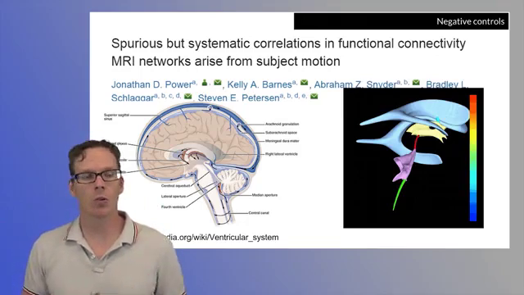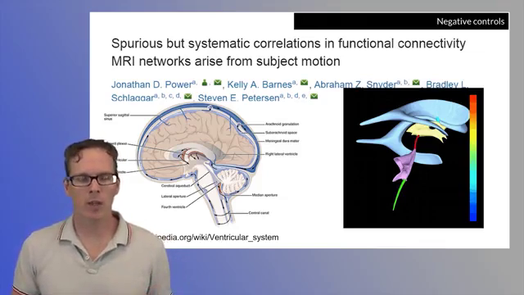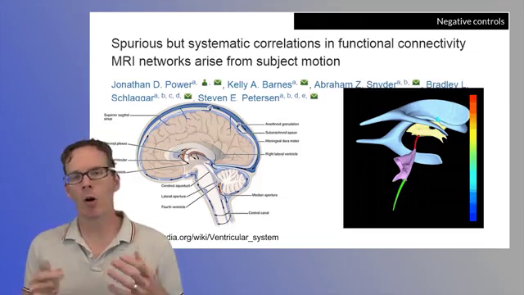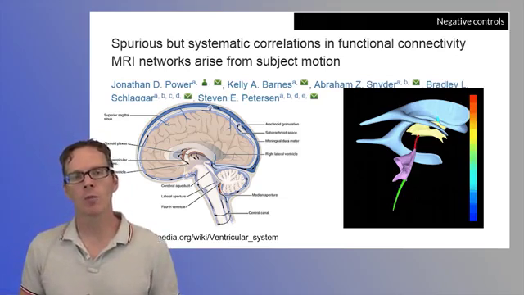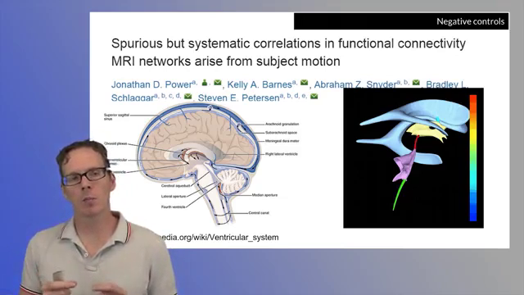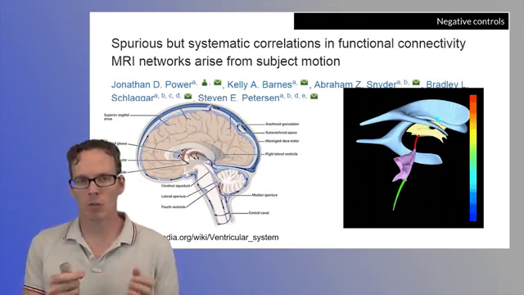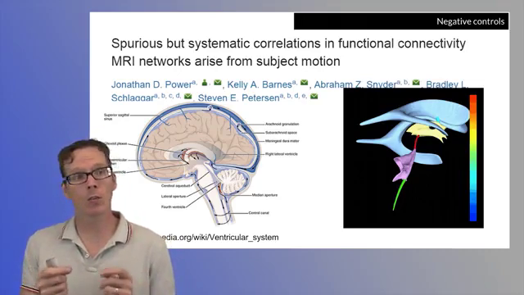That's the idea of so-called connectivity. Someone used all of the tools that people like me have developed, and looked at them in an area of the brain where there is no brain, the ventricles. In the ventricles there's nothing but cerebrospinal fluid, so there's nothing there.